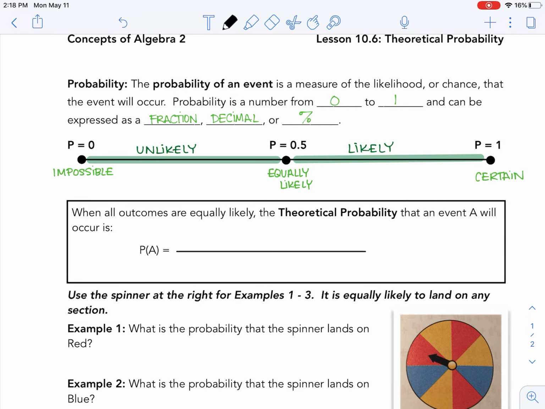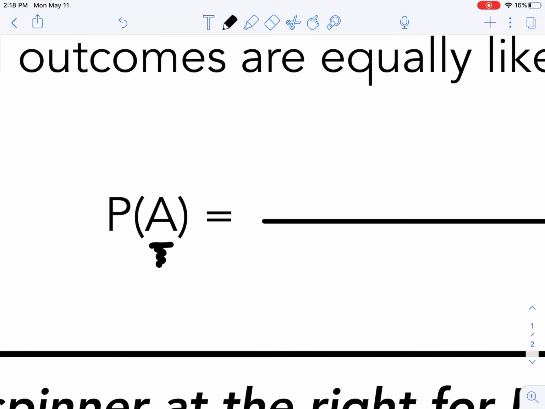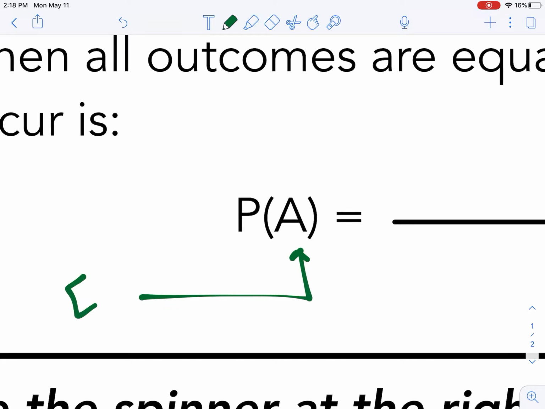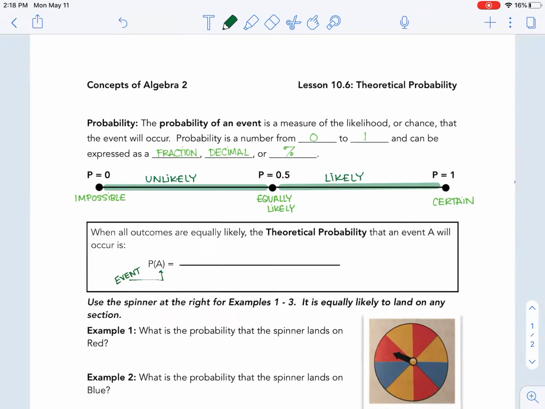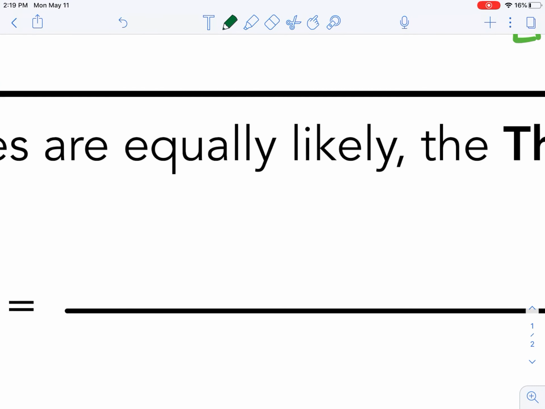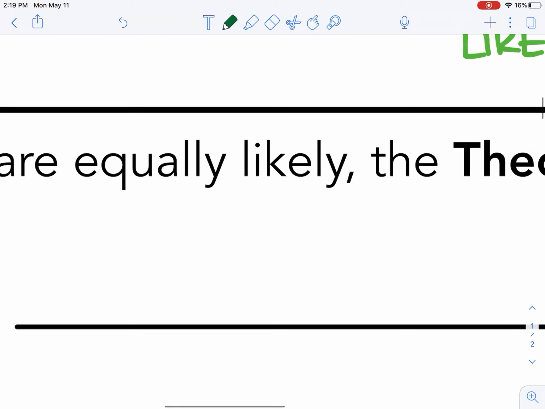When you're asked to find a probability of an event, so the event is labeled here. We're just going to call this event A. So this is our event. That event occurring is our favorable, meaning we want that to happen. This favorable will always be given to you. Let's say, what's the probability of you drawing a red marble out of a bag? They're always going to state what this is. So the top number is the number of favorable outcomes.